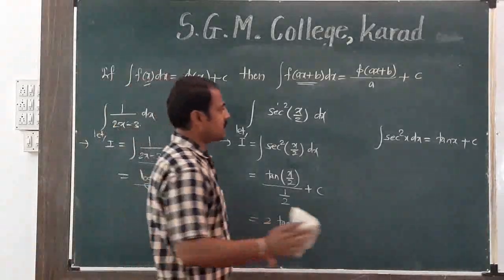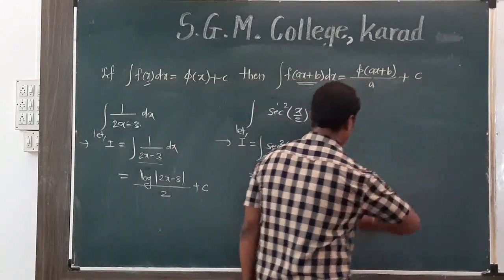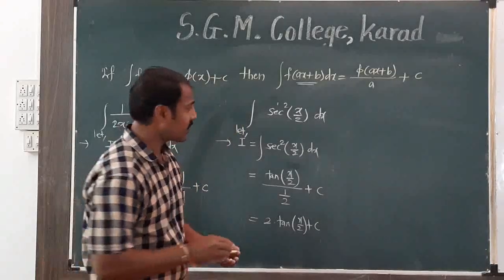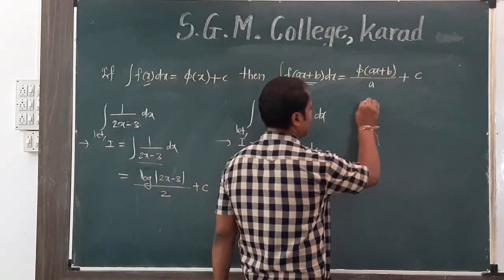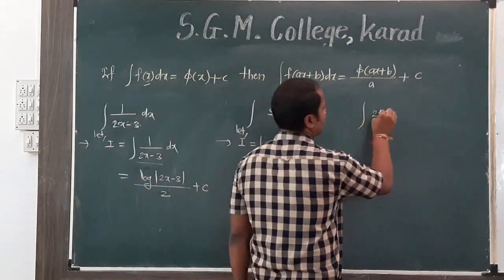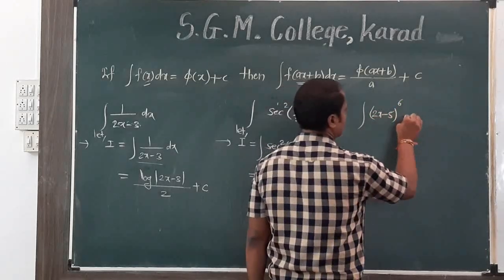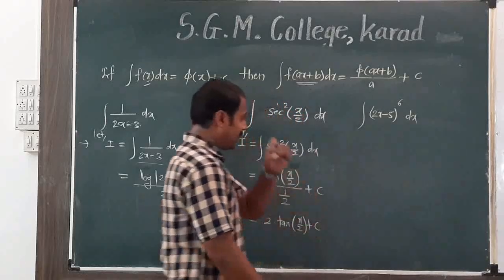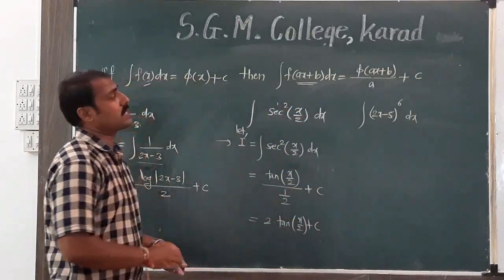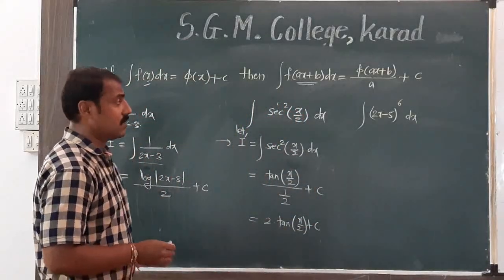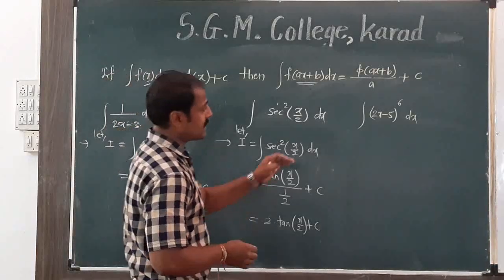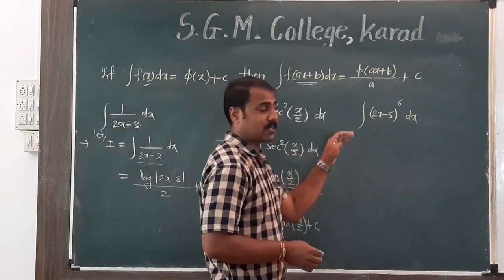Okay. Next, one more example is here. Evaluate integration of 2x minus 5 bracket raised to 6 dx. Okay, first, it is an example of integration.